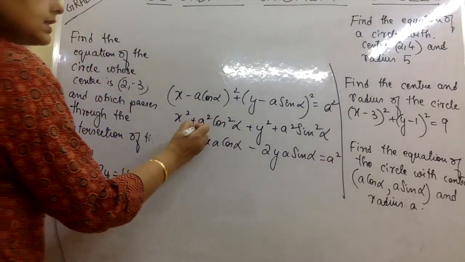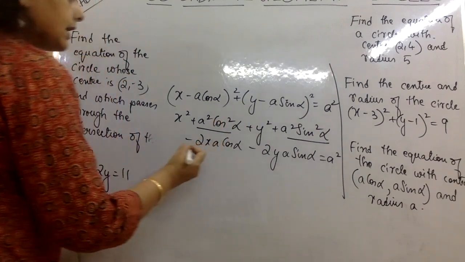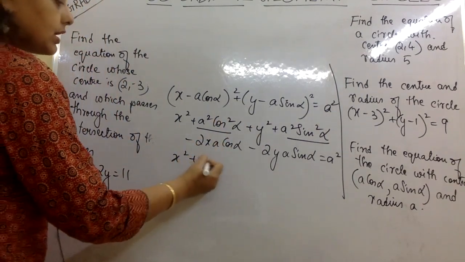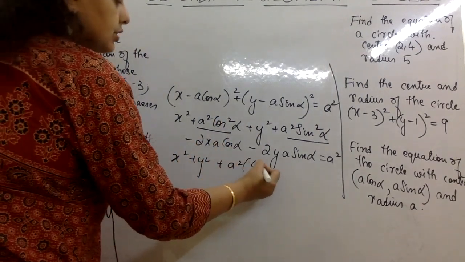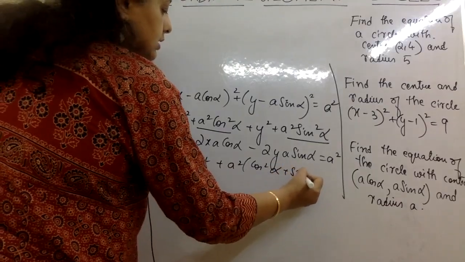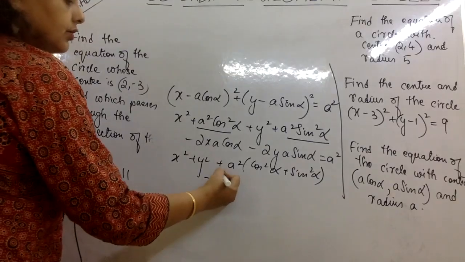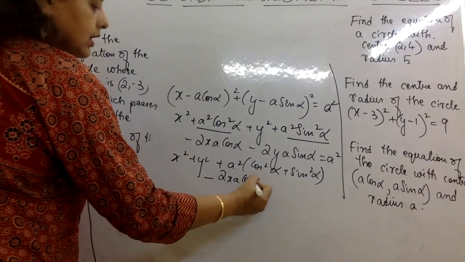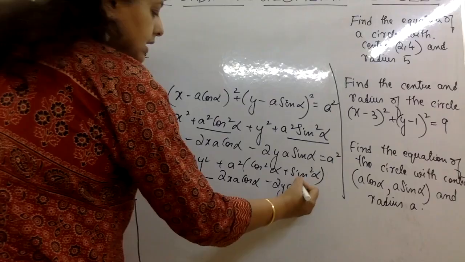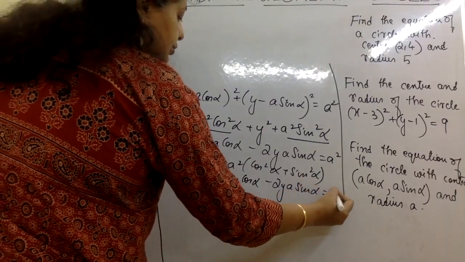If I take this term and this term, I get x square plus y square plus a square (cos square alpha plus sin square alpha), minus 2xa cos alpha minus 2ya sin alpha is equal to a square.